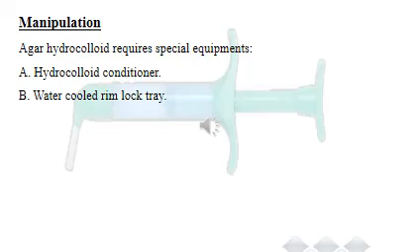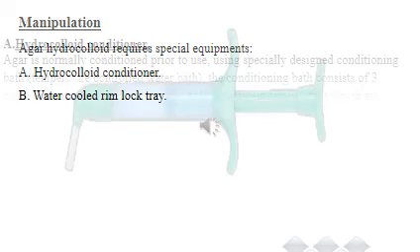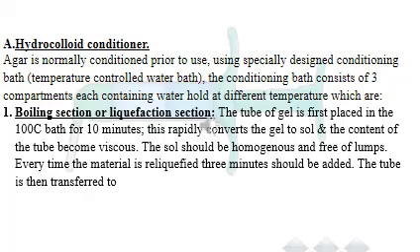Manipulation. Agar hydrocolloid requires special equipment: a hydrocolloid conditioner and a water-cooled rim-lock tray. Agar is normally conditioned prior to use, using a specially designed conditioning bath, a temperature-controlled water bath.